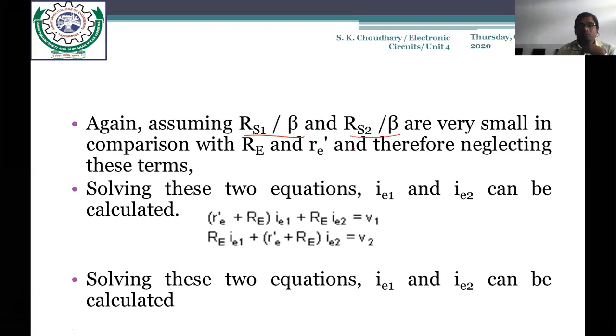RS2 upon beta is again a small value as compared to the emitter resistances RE and RE dash, the resistance across the transistor, that is RE dash, because we are using the r parameter. So we can write these two equations as RE dash plus RE into IE1 plus RE IE2 is equal to V1. Similarly for V2, how will this equation become? We have neglected RS1 upon beta.